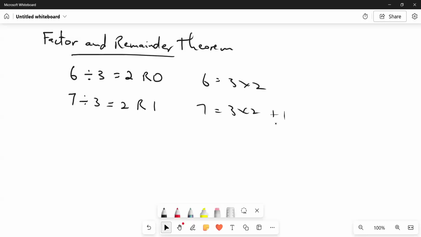All we're going to do now is apply this same idea to algebraic expressions. Let me give you an example. Say you have the function f(x) equals x squared plus x minus 6. I'm going to factorize it, and I'm not going to show you the steps, I'm just going to write down the factors.